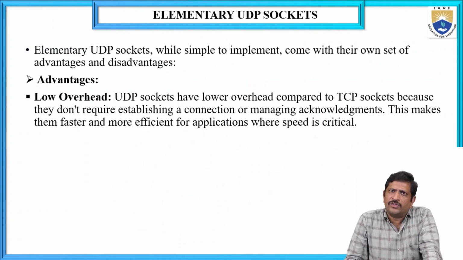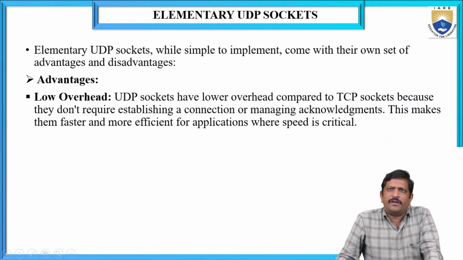Elementary UDP sockets, while simple to implement, come with their own set of advantages and disadvantages. The advantages first: low overhead. UDP sockets have lower overhead compared with TCP sockets, because they do not require connection establishment or acknowledgement management.